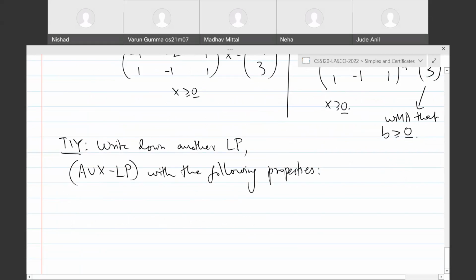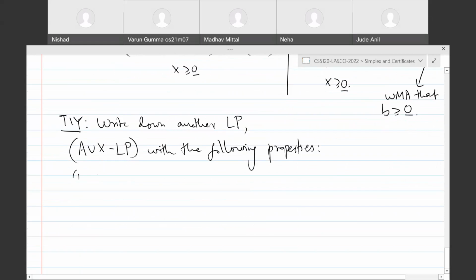All right, so the first property I want is I want the auxiliary LP to be feasible, right? Because if that is not feasible or we don't know, then we are again in the same problem. So we want to make sure that the auxiliary LP is always feasible.